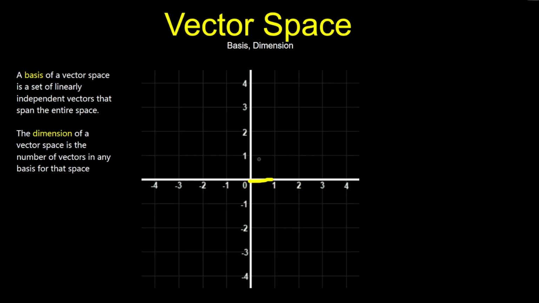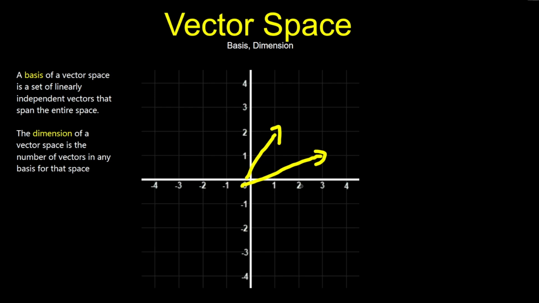So let's take another example. Here we have the vector 1 comma 2 and another vector 3 comma 1. Let's check if these two vectors form a basis.